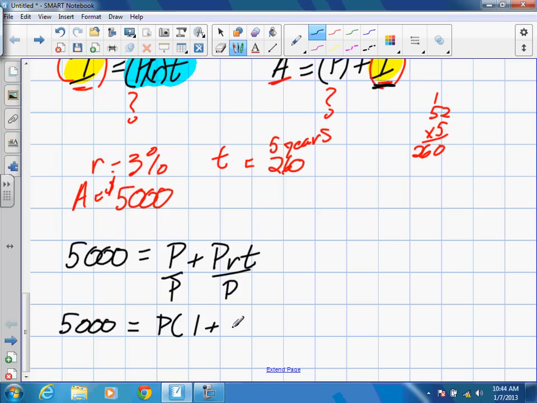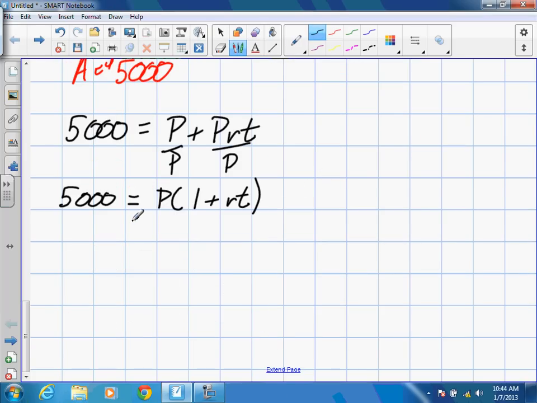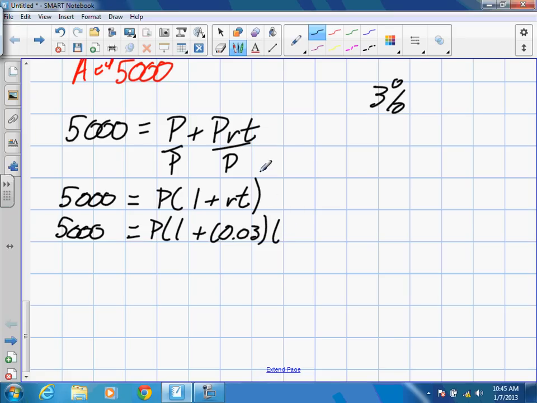Well, we actually have the values of R and T. So we're going to plug those in. 5,000 is equal to the principal, 1 plus our interest rate, we said was 3%, which is 0.03 as a decimal. And our time frame was 52 weeks over 5 years, which is 260 periods.